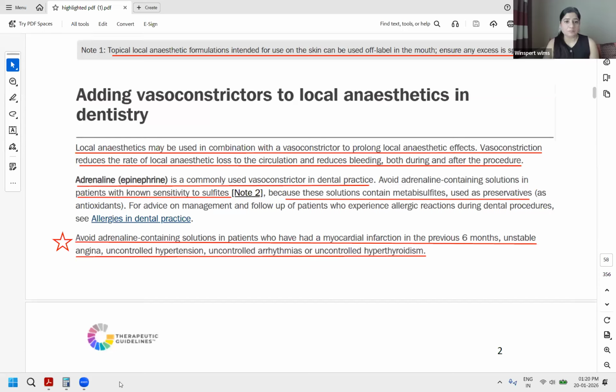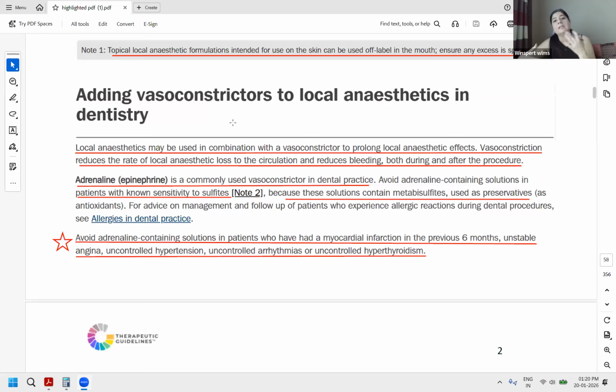Okay. So now, your vasoconstrictors in LA. We know the vasoconstrictor most commonly used in your LAs is adrenaline. The addition of a vasoconstrictor to your local anesthesia is because it prolongs the LA effects. It prolongs the depth and duration of the anesthesia because it reduces the rate of local anesthesia circulation and absorption into the circulation.